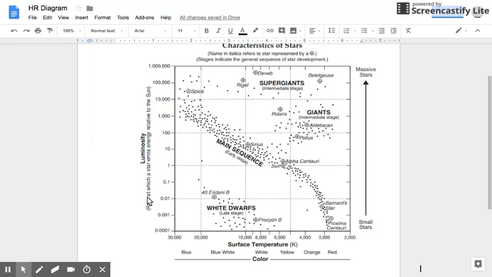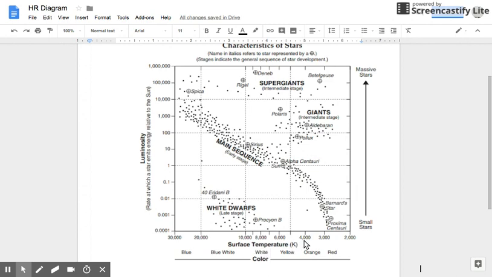So on the y-axis, like I said, we have luminosity increasing from the bottom to the top. And notice that the scale is not your traditional scale you might have seen before. This is a logarithmic. And over here on the x-axis, we have temperature.